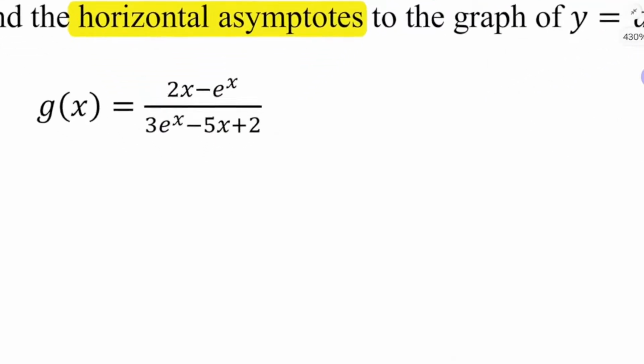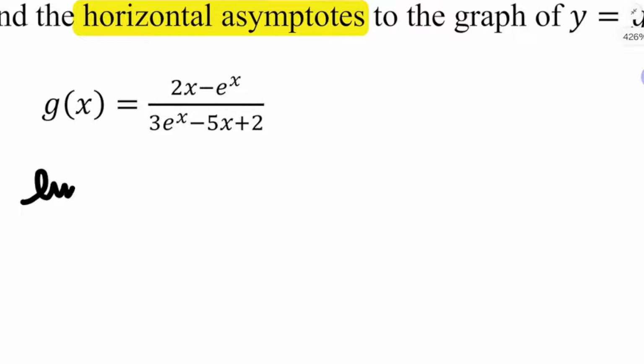So for this one, let's start by taking the limit as x approaches positive infinity. Provided that we've got e to the positive x like we do here and there, this is where we're just thinking about relative growth rates. And the biggest growing thing on top and bottom is the exponentials.